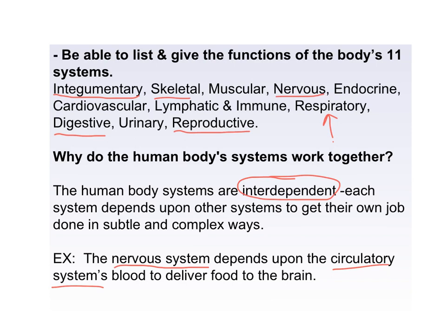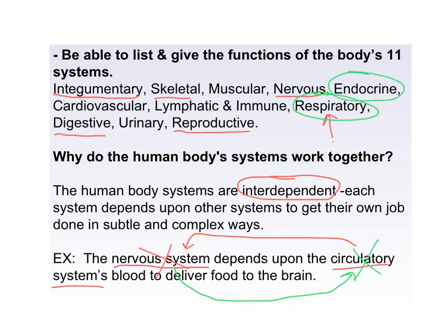Because without the circulatory system to deliver blood to your brain and spinal cord, the nervous system won't work. And same thing goes the other way. Without the nervous system to help monitor the circulatory system, it won't work. So even though these are like individual systems, they do work together to maintain an organism's homeostasis.